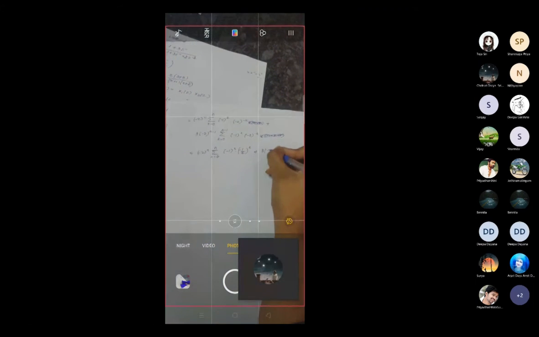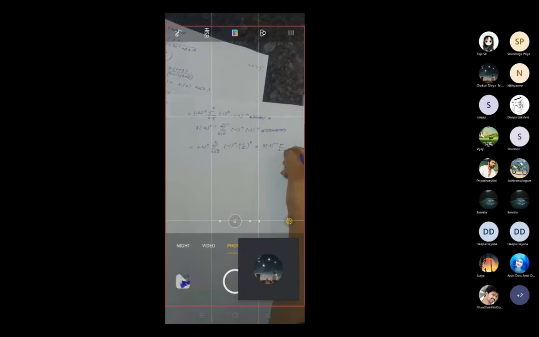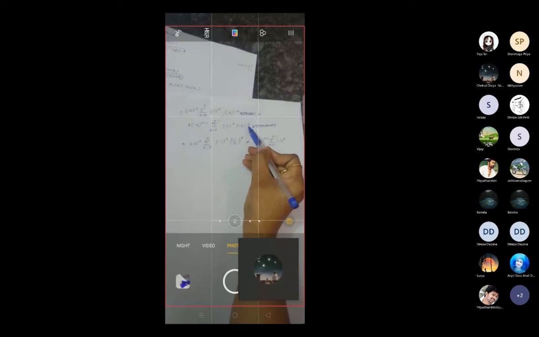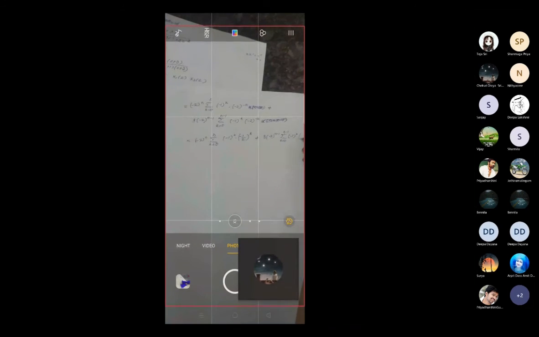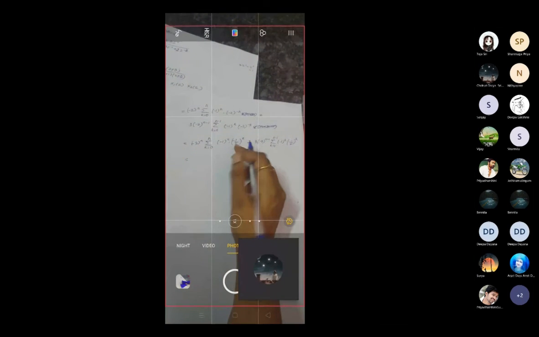So 3 into (-2)^(n-1) summation k equal to 0 to n minus 1, (-1)^k. Then you will get the inverse here also, in the power you have the inverse. So write that (-1/2)^k. So this will be 0.5.